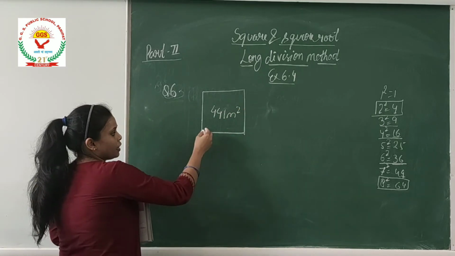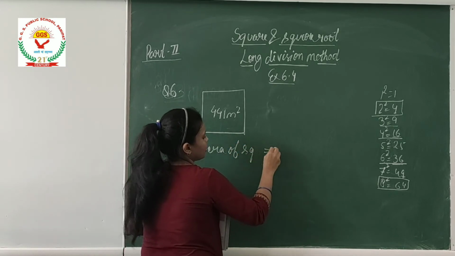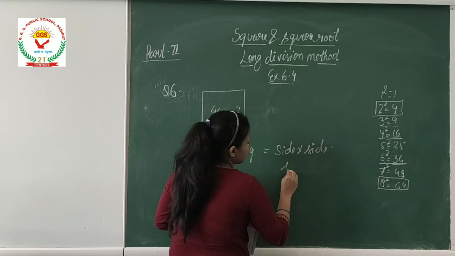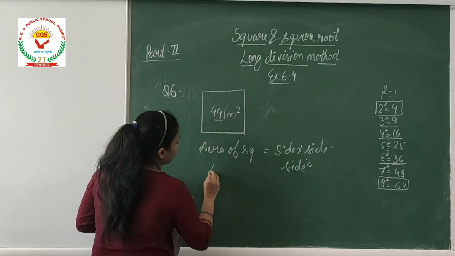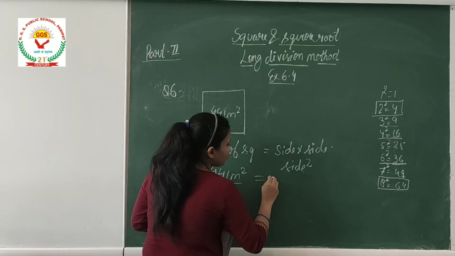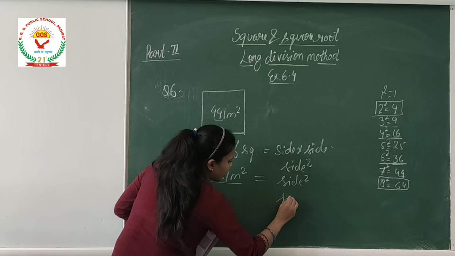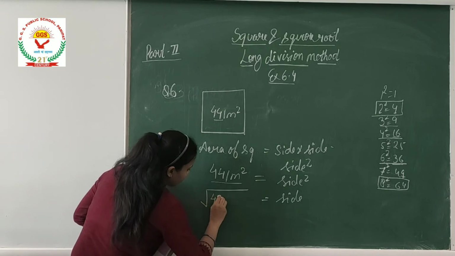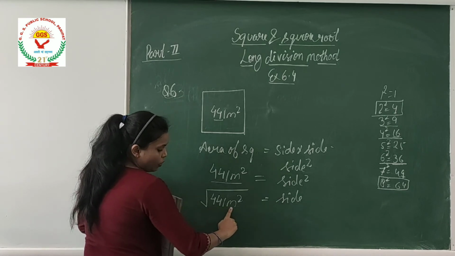So we know that the area of a square is side multiplied by side, or we can say side square, right? We have the area, 441 meter square. We need to find the square root. So side equals under root, this is the sign of under root, meter square. Now we will find the square root of 441.